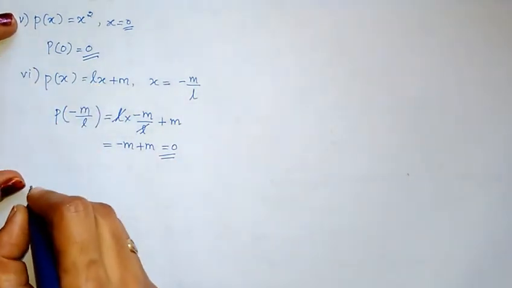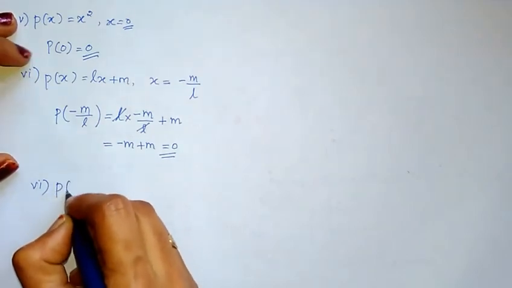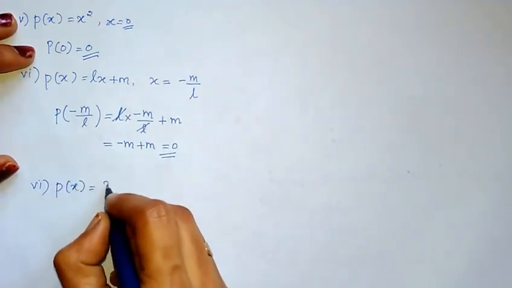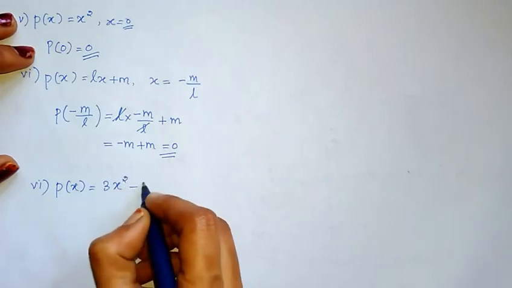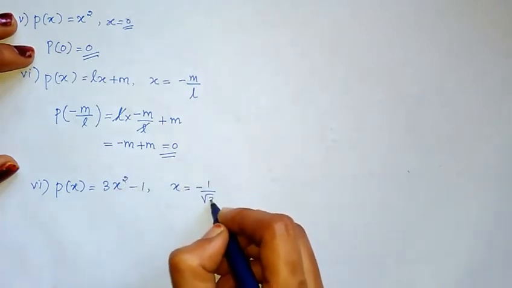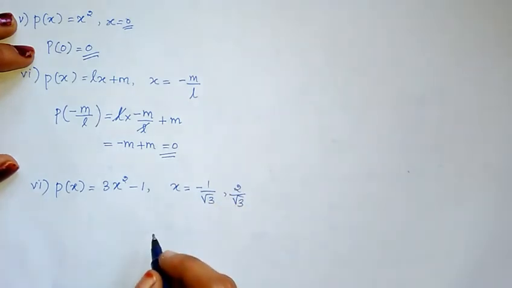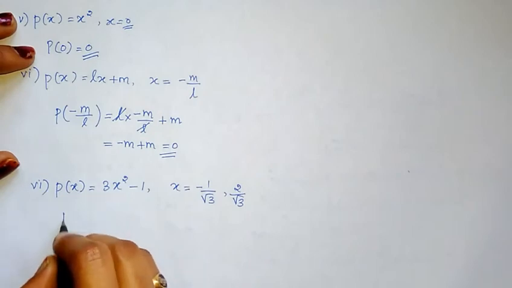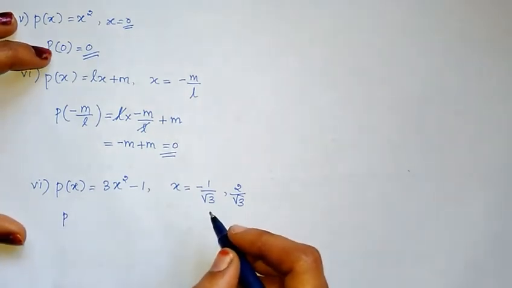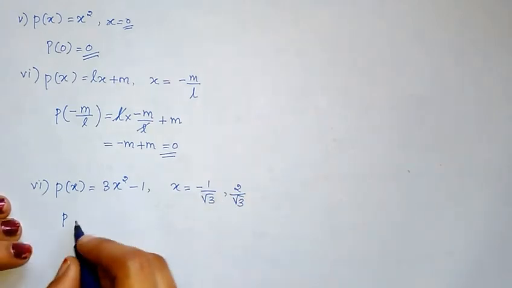Now the next one, p of x equal to 3x square minus 1. X values are minus 1 by root 3, 2 by root 3. So first apply this one, p of x, in the place of x apply minus 1 by root 3.